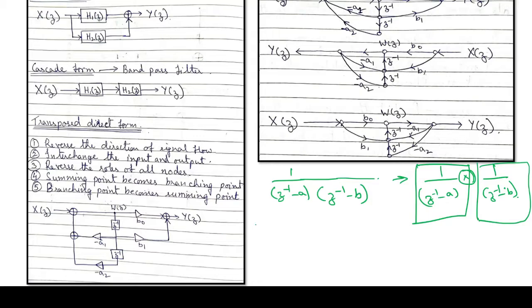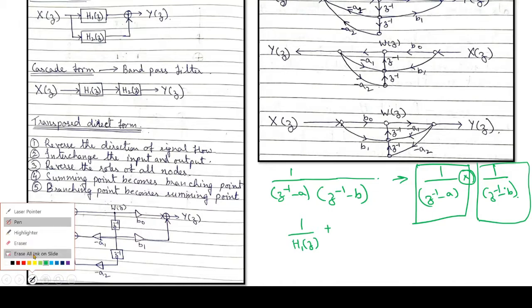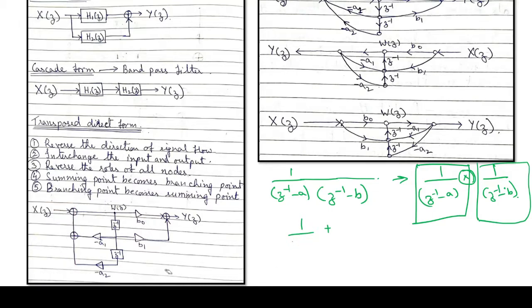Okay, on the other hand, if you convert it into, say, I am not writing the whole thing, say H1(z), not H1(z), yeah, let me use the same thing, 1 by z inverse minus a plus 1 by z inverse minus b.